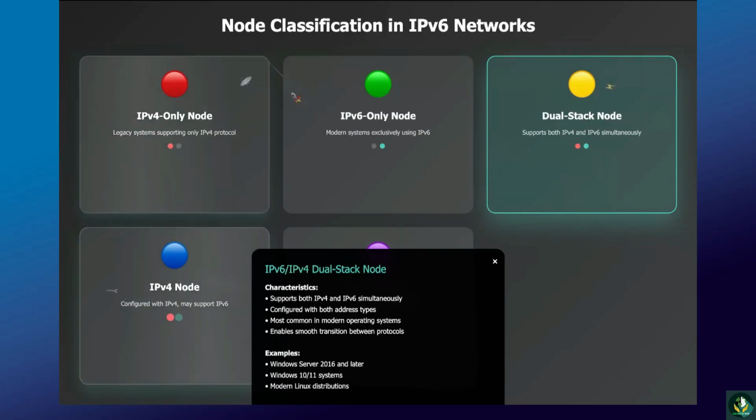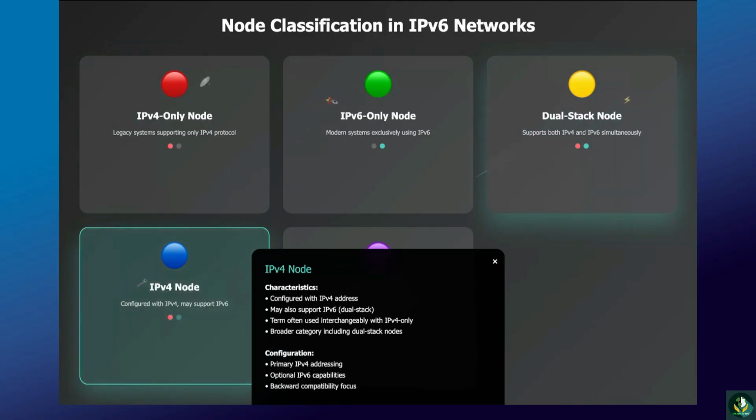There is also IPv4 node. It's configured with an IP version 4 address, but may also support IP version 6, for instance, dual stack nodes. This term is often used interchangeably with IP version 4-only nodes. And an IP version 6 node is configured with an IP version 6 address, but may also support version 4, and it's also dual stack nodes.